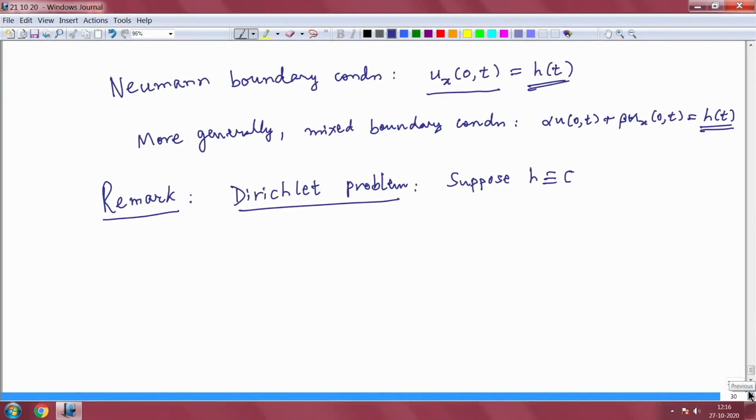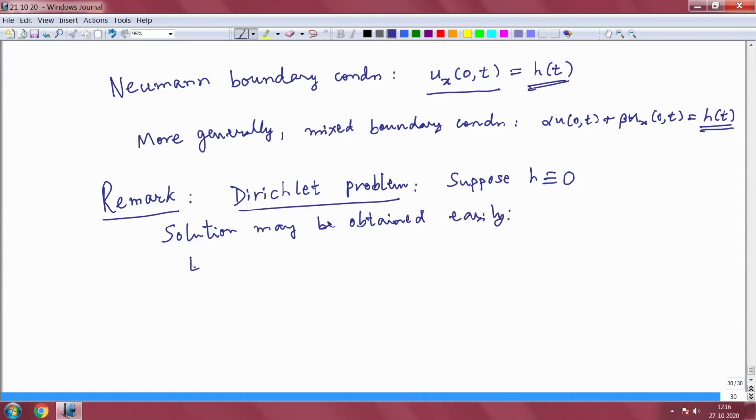The solution formula may be obtained easily.